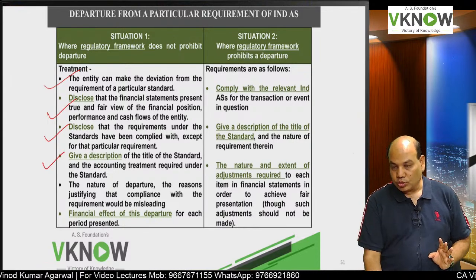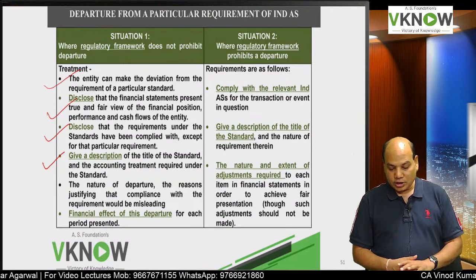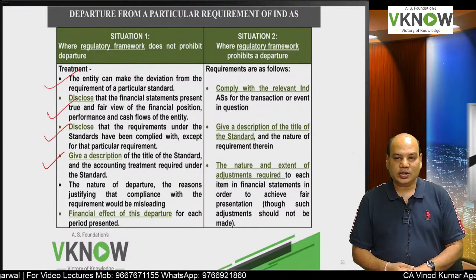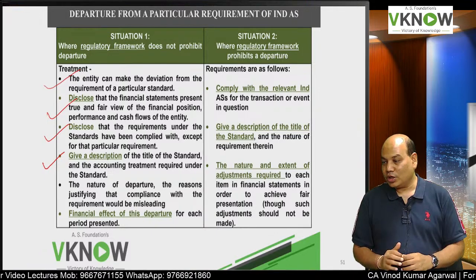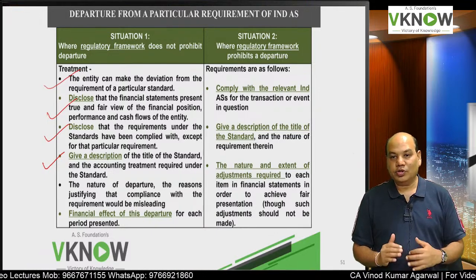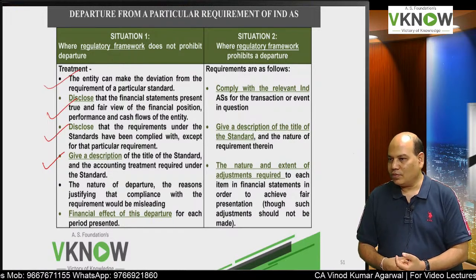And then you have to also give a description of the title of the standard and the accounting treatment required under that standard. So you will say the deviation relates to Ind AS 109, Financial Instruments, which requires that a derivative product should be valued using fair value.